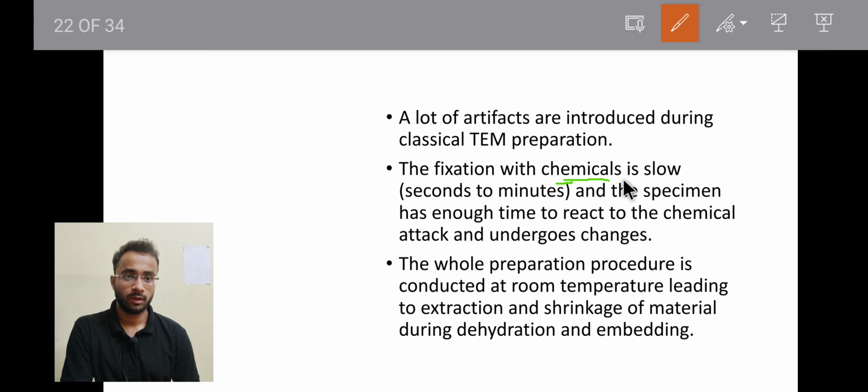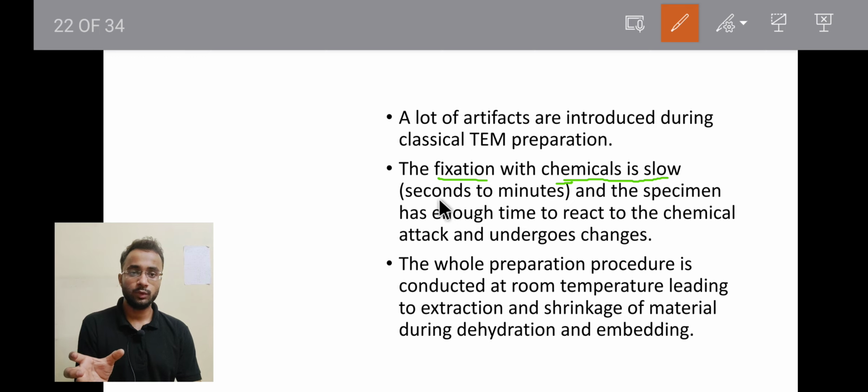When we add those chemicals, the fixative agents take a few seconds to minutes to arrest the biological processes, and the specimen has enough time to react to the chemical attack and undergo changes which we do not want.